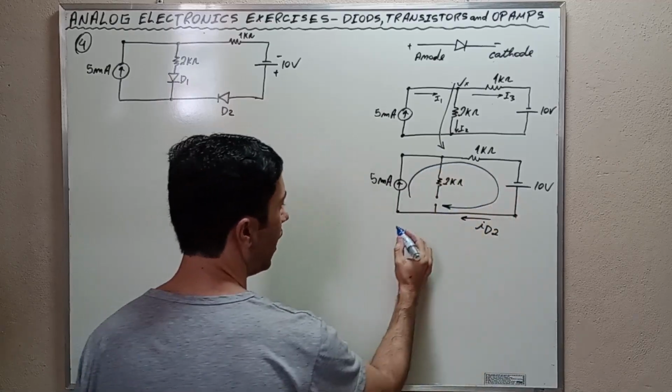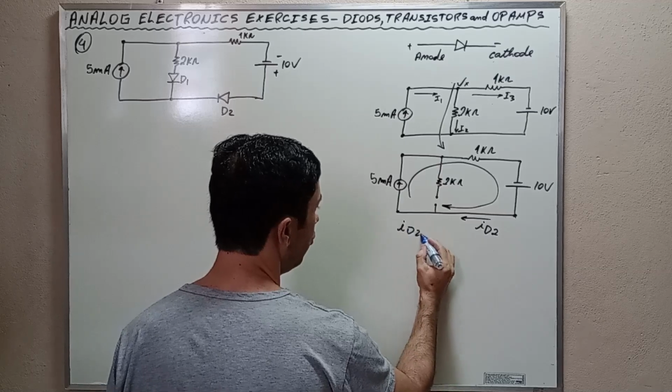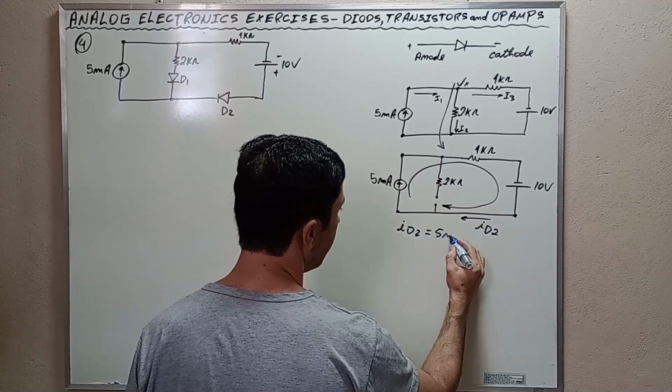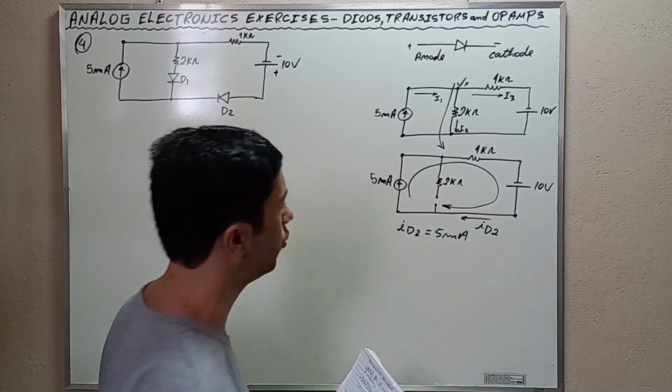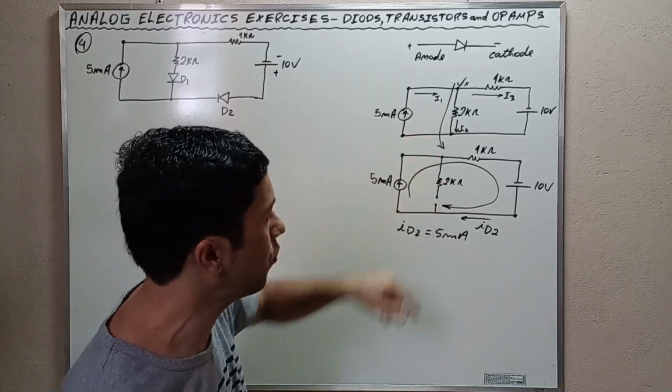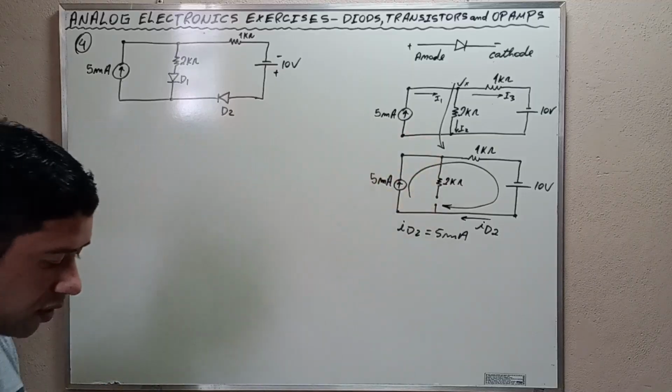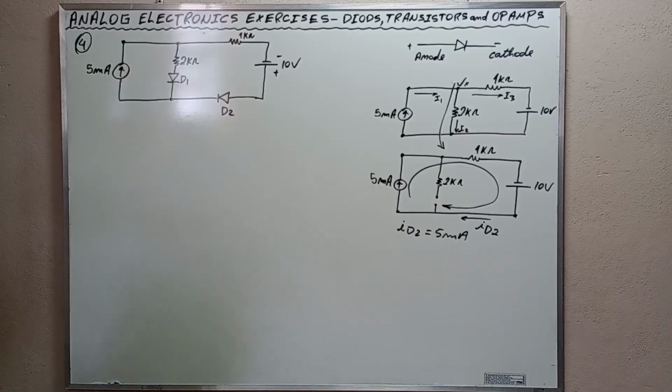And we know that I D2 is equal to 5 milliamps. There will be no current in the central branch because the circuit is open. We assumed that diode D1 is off now, and we are assuming that diode D2 is conducting, okay?